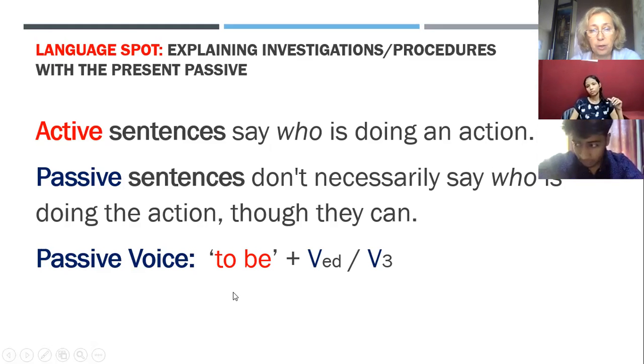We can say cricket is played in this country. And if it is irregular, like write, we use the third form: write, wrote, written. So we say the letter was written yesterday, or the letter is written every day.